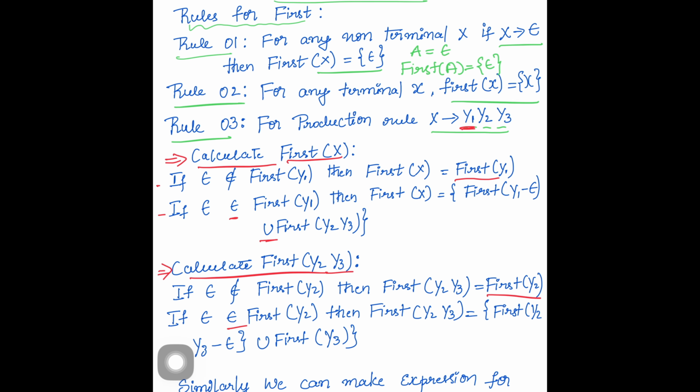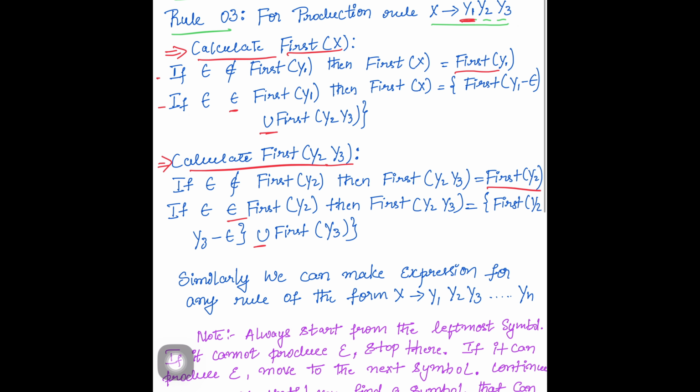Then we check Y3 and combine with the result. The final rule is that we continue checking each symbol from left to right. Whenever a symbol can produce epsilon, we move to the next symbol. If all the symbols can produce epsilon, then epsilon is also included in the first set.